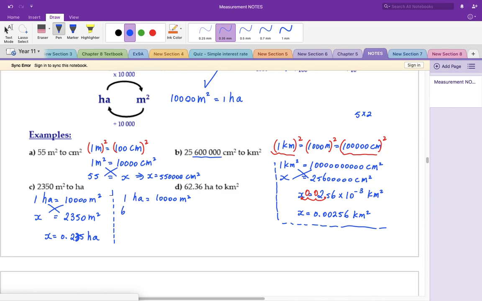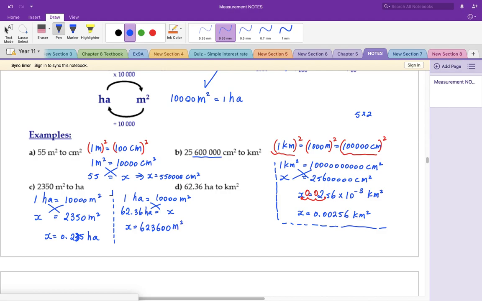And now you have 62.36 hectares. How many meters squared is this? Cross multiply. x is equal to, put it into the calculator, 623,600 meters squared. So that's how many meters squared.